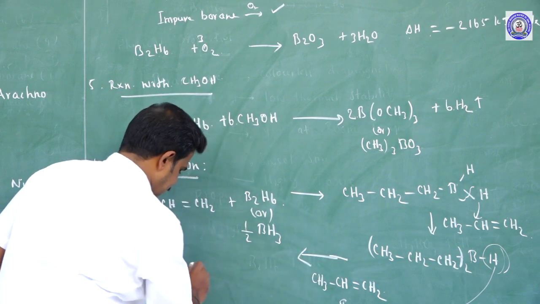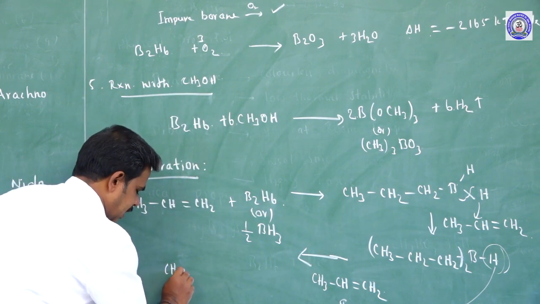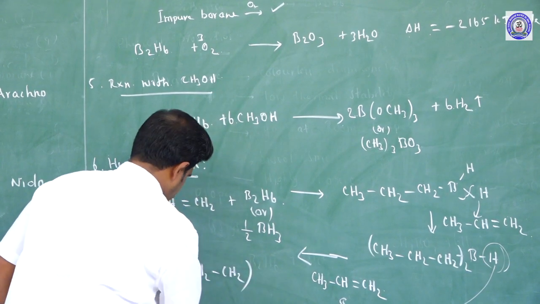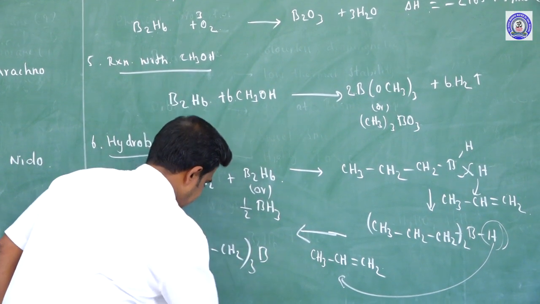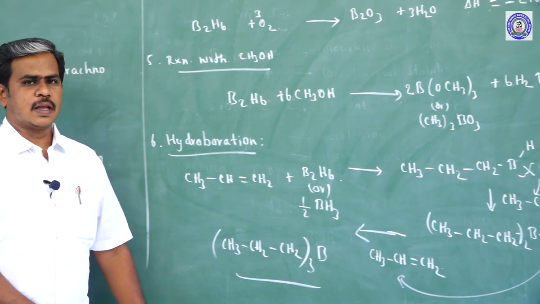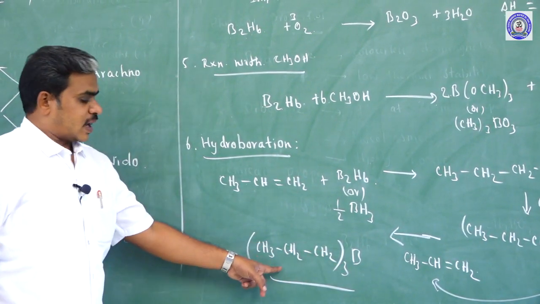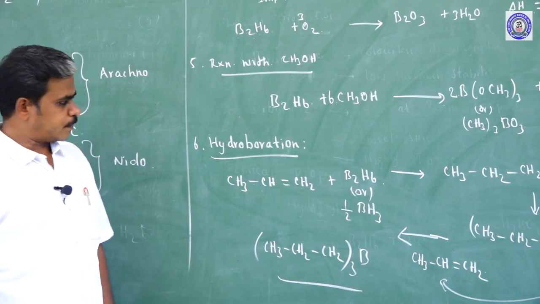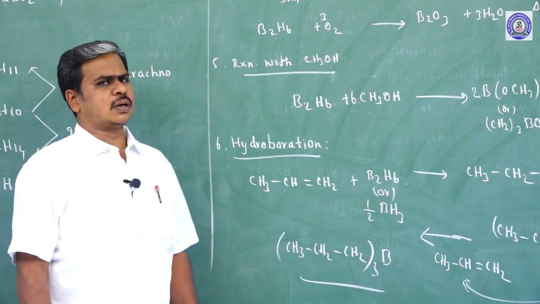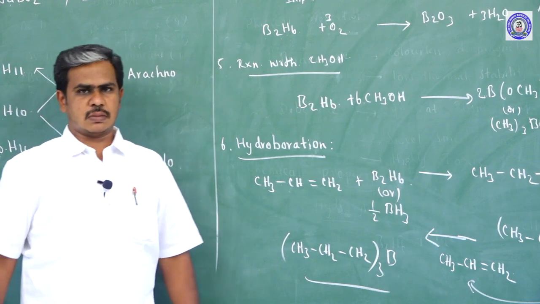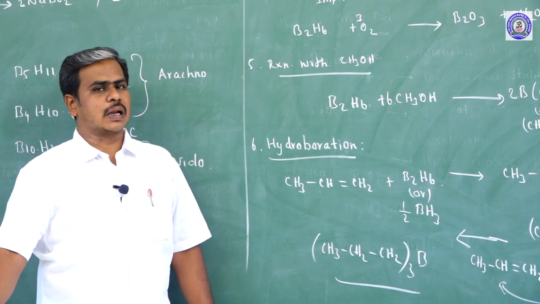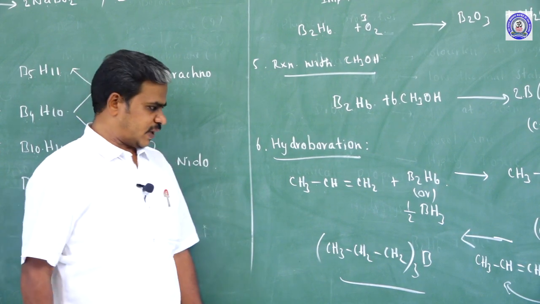So the compound is CH3 CH2 CH2 thrice B. It is the final compound, trialkyl borane. It is a very important compound in organic chemistry. From that we may get many compounds, such as alcohol and aldehyde.